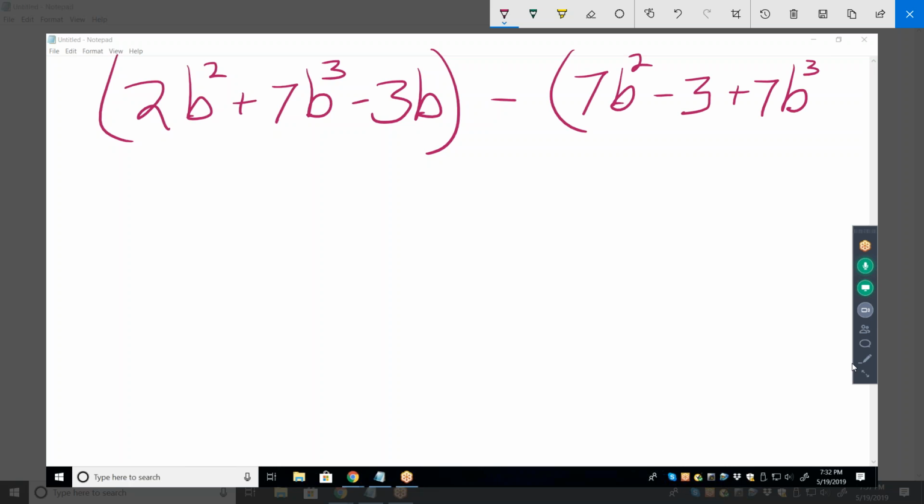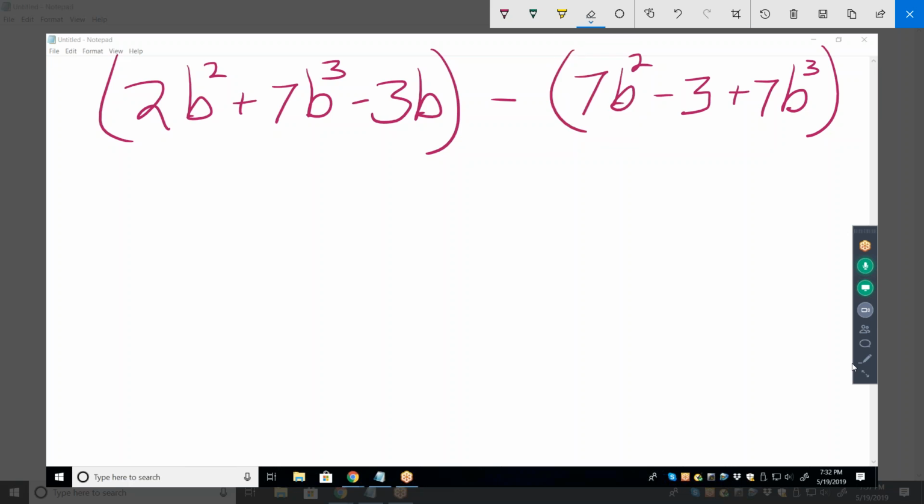Yeah, now they don't always give it to you in proper format. They did not here. In other words, they got the b cubed in the middle. That's okay, you can handle that. But when you give a final answer back, you want to put it in order. Okay? So, what's the first step?